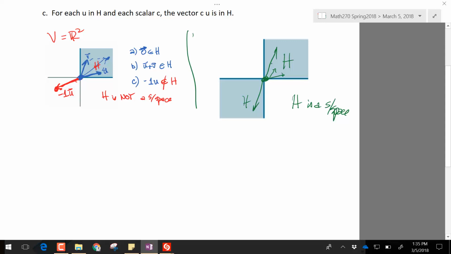We're still going to be in H. Okay? Yeah, adding the negative, it's because you can scalar multiply and then add. What's that called when you scalar multiply and add?